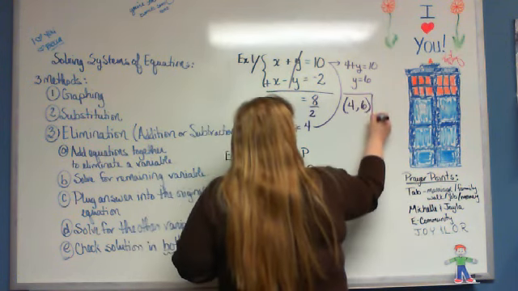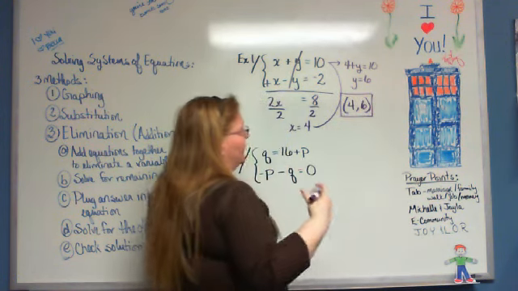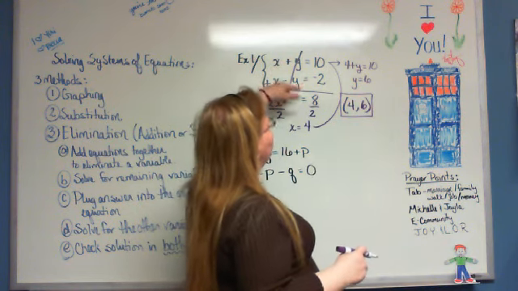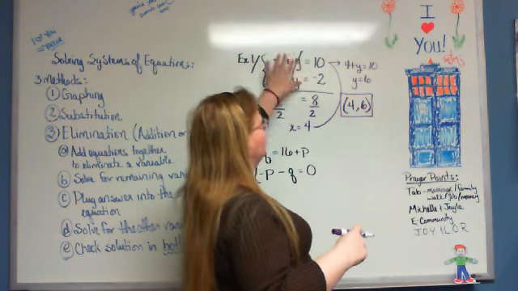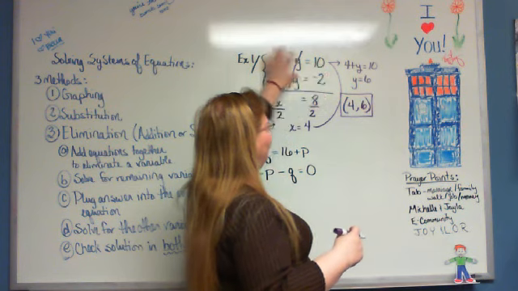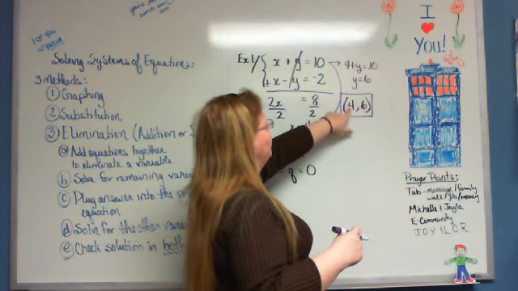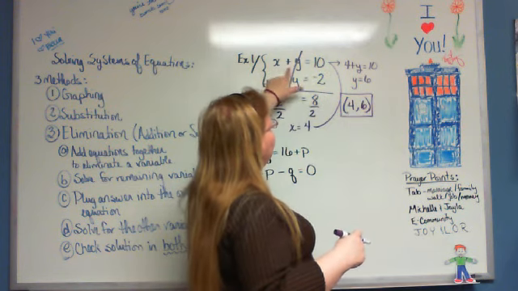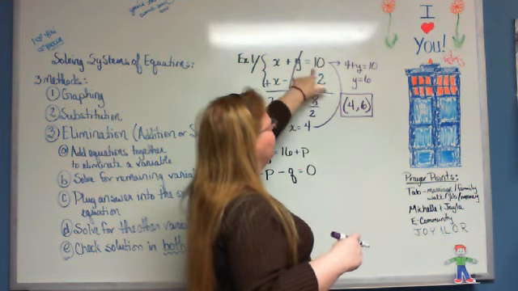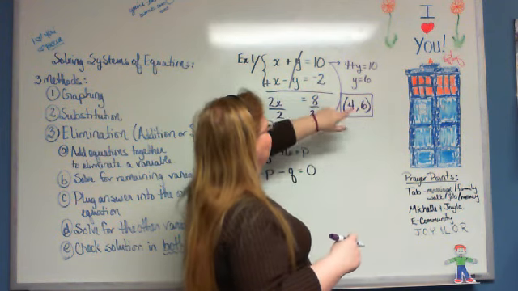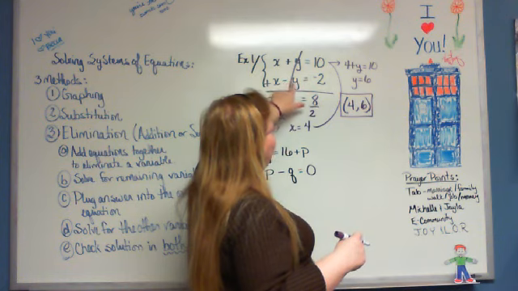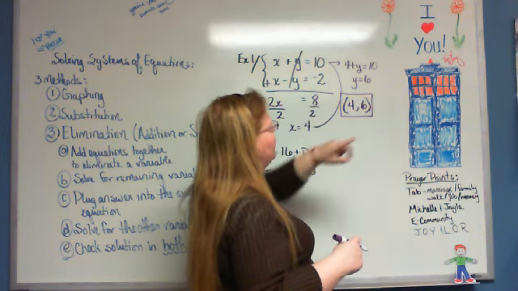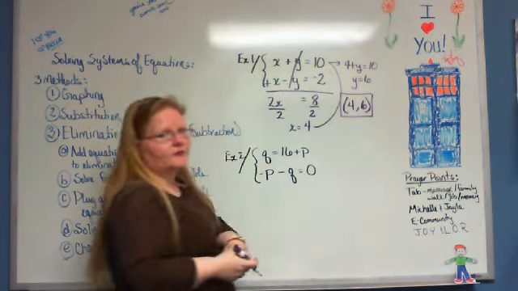Now if I wanted to check this, like I said before, you have to make sure you plug it into both, and you're plugging it into the original. So I'm going to plug this into the black stuff that was there. So 4 is my x. 4 plus 6 really does equal 10, so that one's good. And then 4 minus 6 really does equal negative 2, so we know that it's correct.